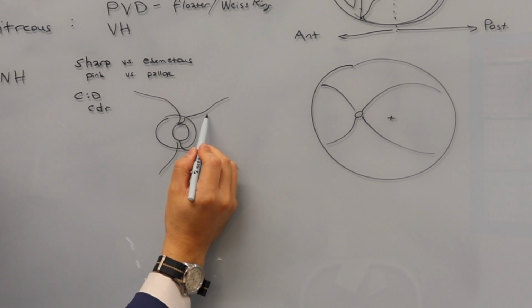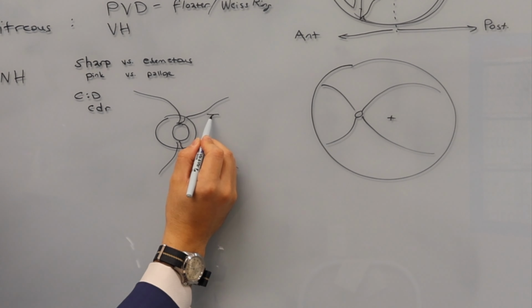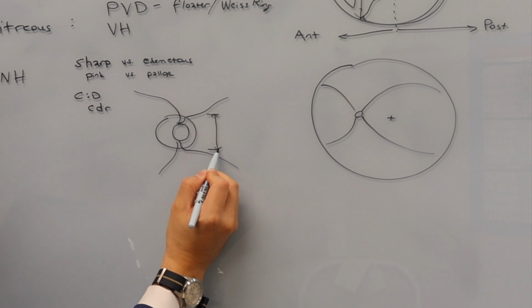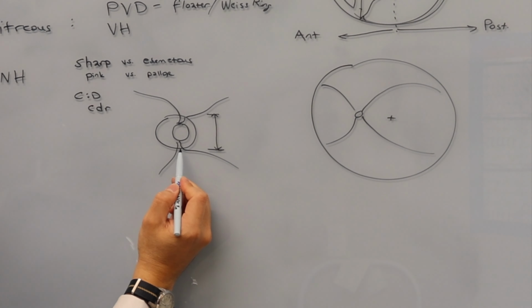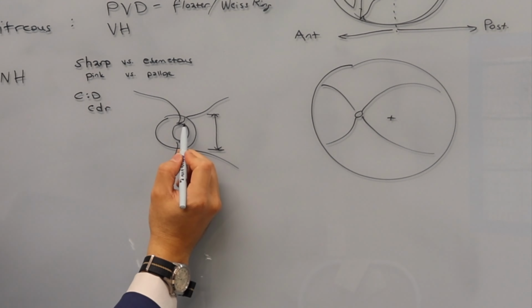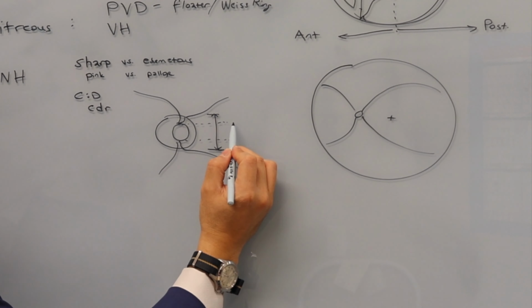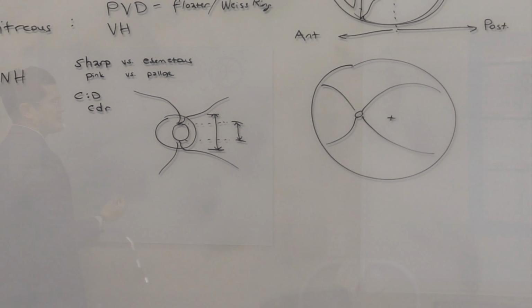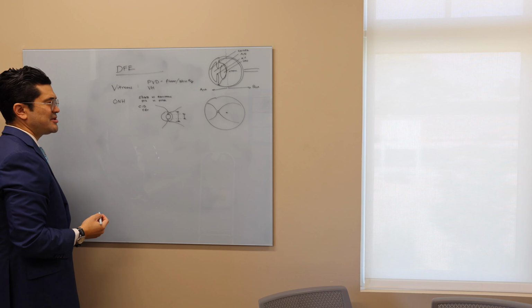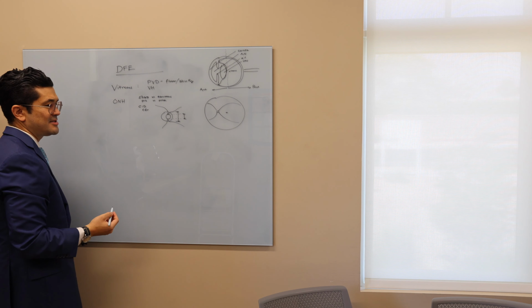We are measuring the total length from the top to the bottom of that nerve, and then the total length of the center optic cup, and we get a ratio, and that ratio can be anywhere from 0.1 to 0.9.